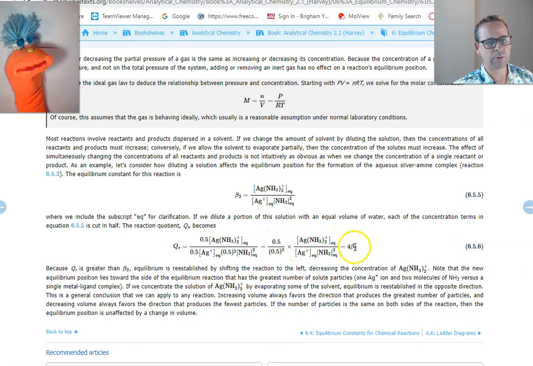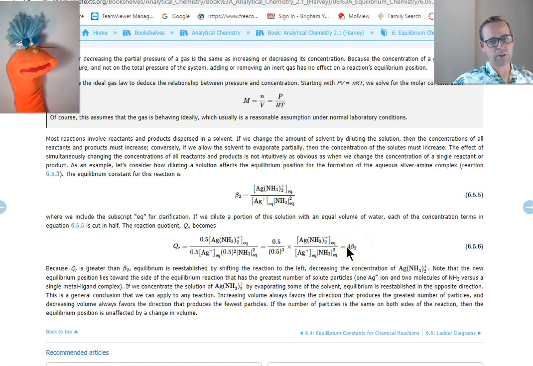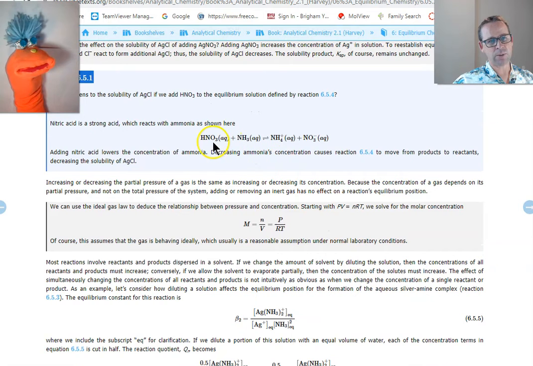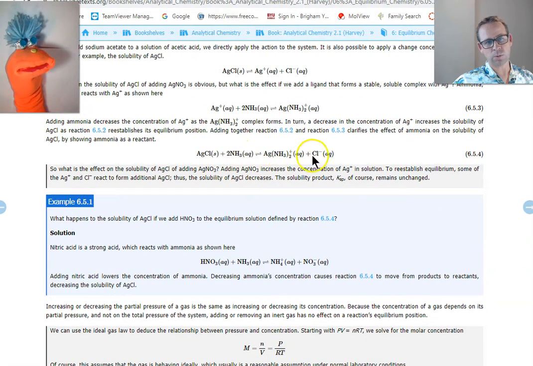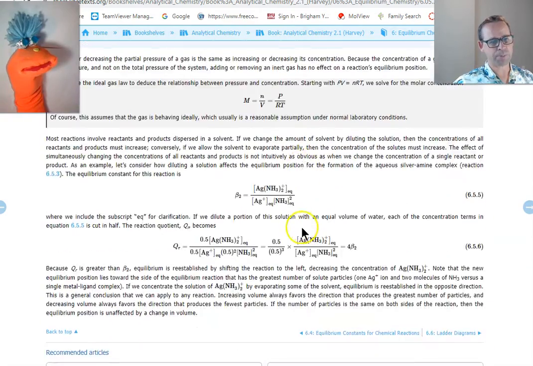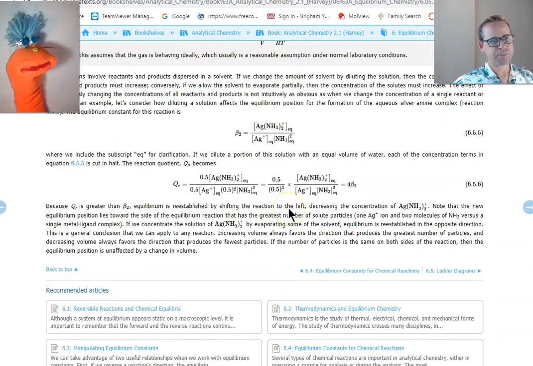So here I have 4 times as much as this value here initially. So essentially, when I've decreased the concentrations of all of these, simply by adding water to the whole thing, for example, then I have increased the equilibrium quotient fourfold. And if this value increases, that means the reaction is going to go towards the right. More product will be present in the equilibrium. Okay, did that make sense?